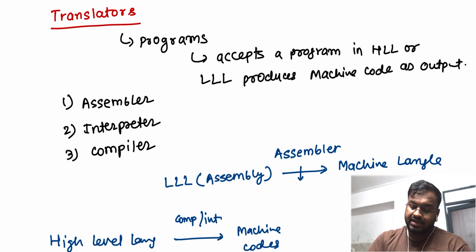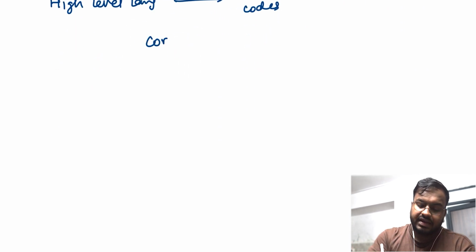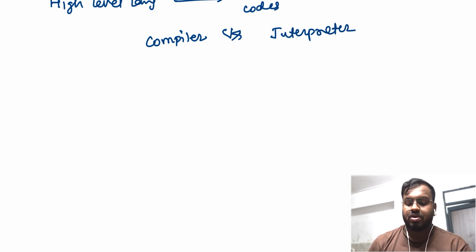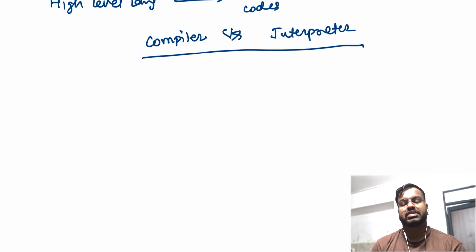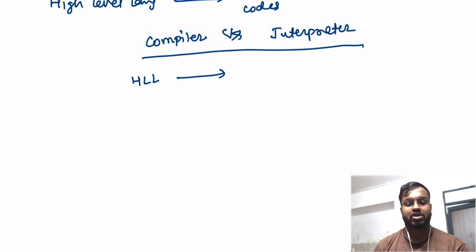Now we will see what is the difference between compiler and interpreter. Right now we know that compilers and interpreters are used for converting a high level language to machine language. So we will see what is different then.